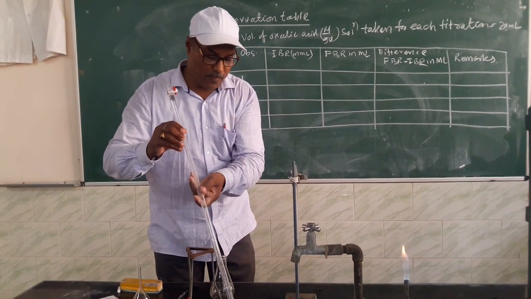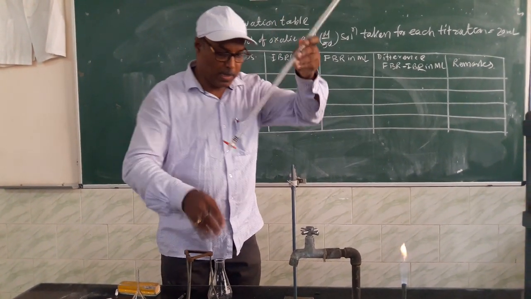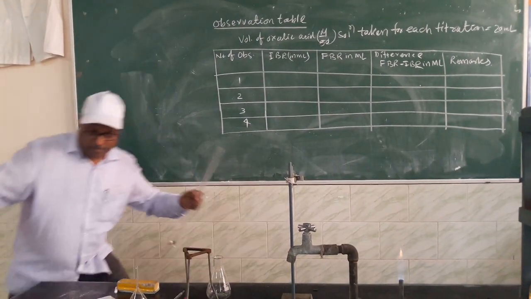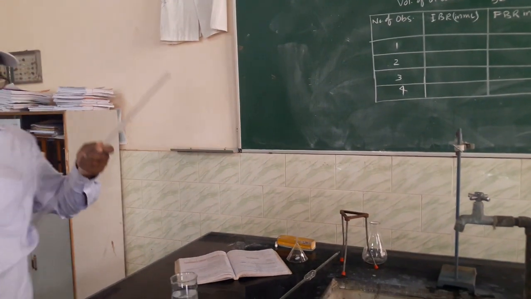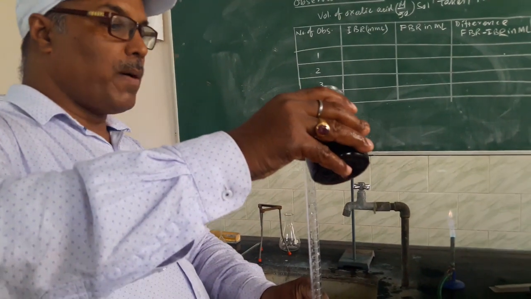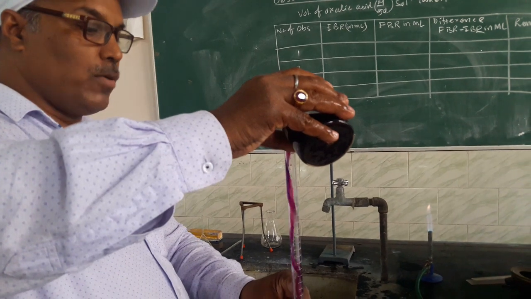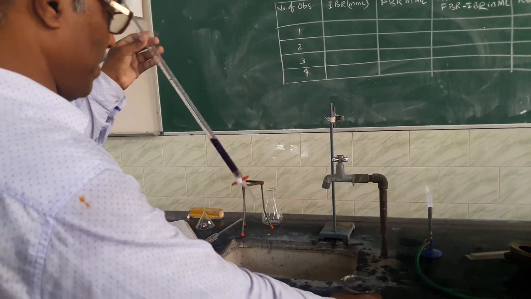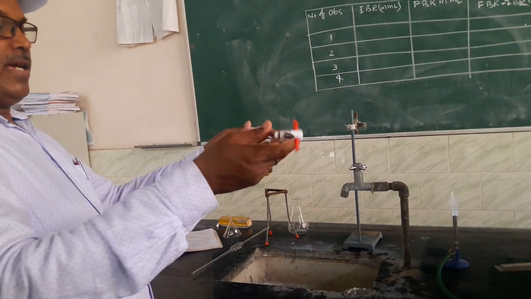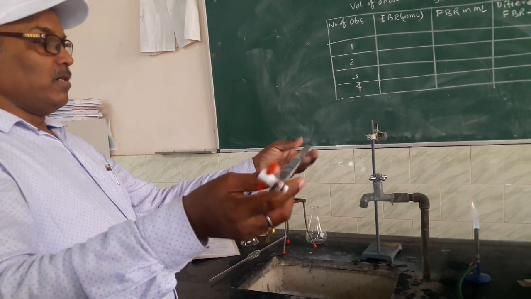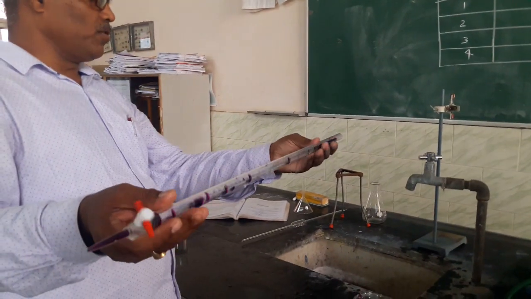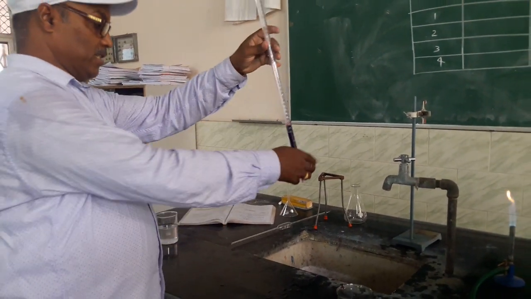Then, okay, after washing it, we have to rinse the burette with the potassium permanganate solution with which we perform the experiment. So by taking a small amount of about 5 ml of potassium permanganate, we have to rotate it like this to rinse the burette, so that the concentration of KMnO4 solution taken in the burette cannot be changed.